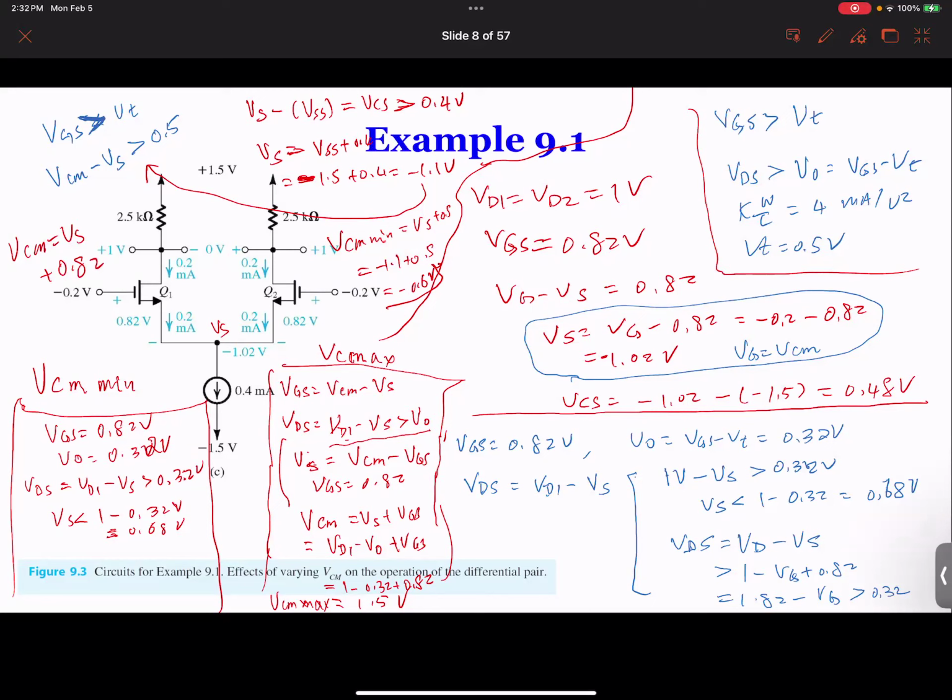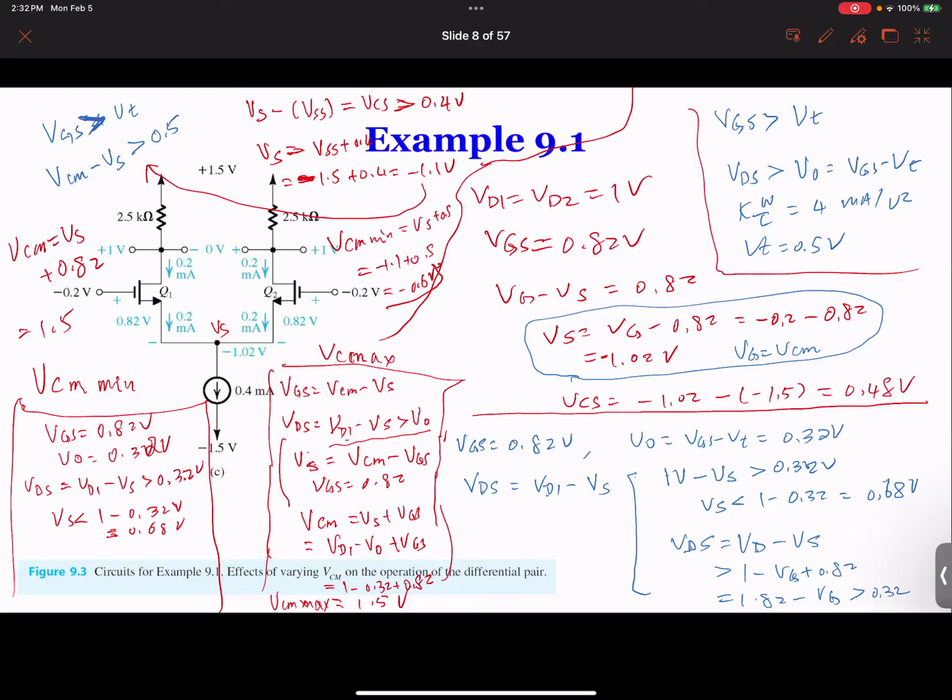So VS has to be less than 0.68. Let me make sure I got everything correct. So VCM equals VS plus 0.82, so that's 1.5. So it can be maximum at 1.5 volts.